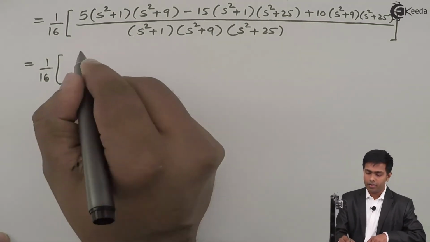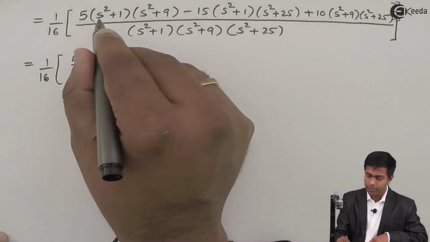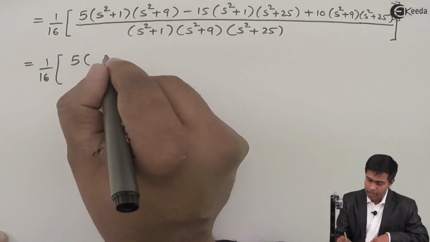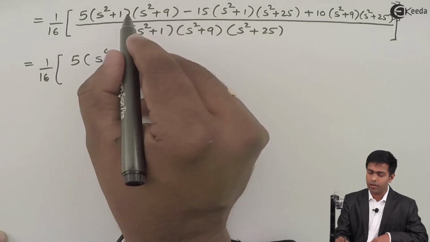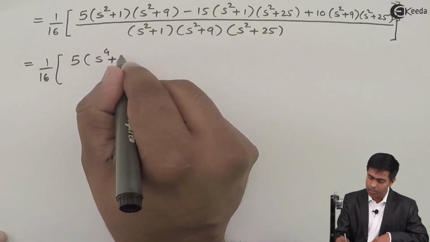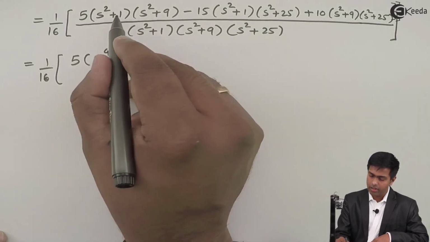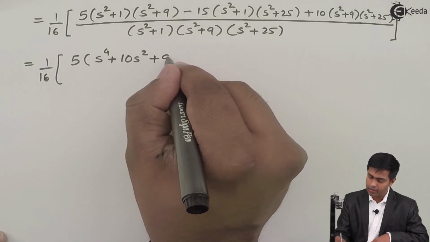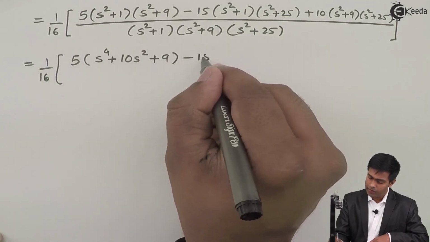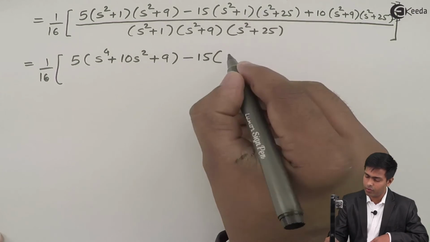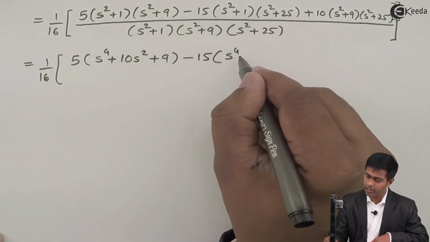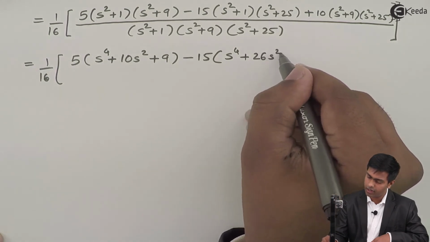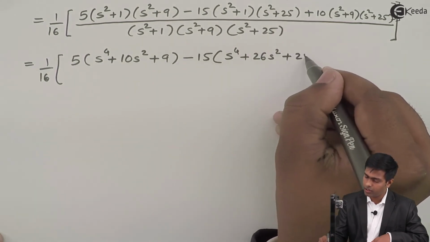So here we'll get 5 as it is. The multiplication will be s square into s square, s raised to 4. 9s square plus 1s square is plus 10s square, and 9 into 1, that is 9. Minus 15, here we'll get s square into s square, s raised to 4, 25s square and 1s square, that is 26s square, and 25 into 1 is 25.